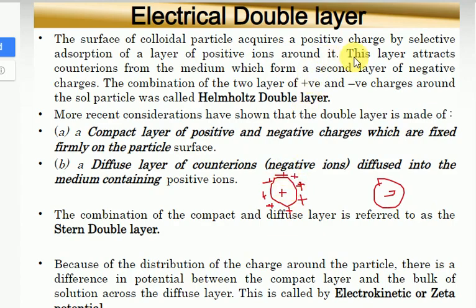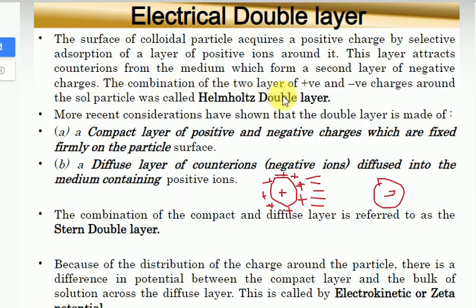This layer attracts counter ions from the medium to form a second layer. Suppose this positive charge colloidal particle attracts negative charge particles. So what happens here? This one layer is there, and a second layer forms around this colloidal particle. This is called a double layer. The second layer is negatively charged.